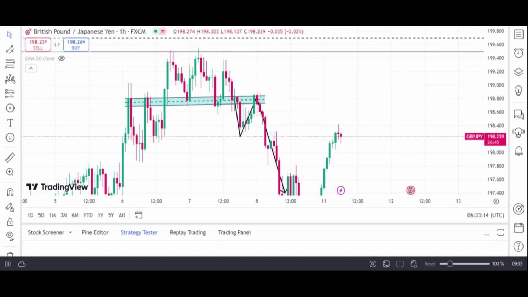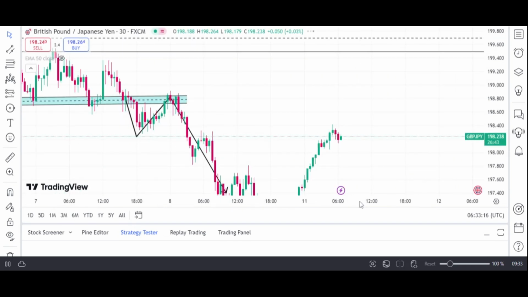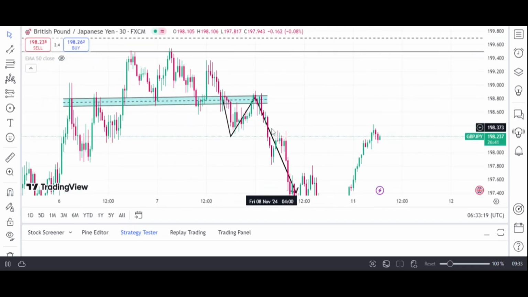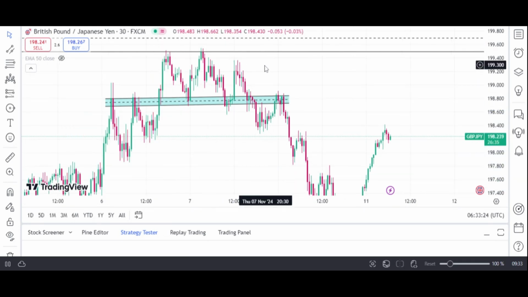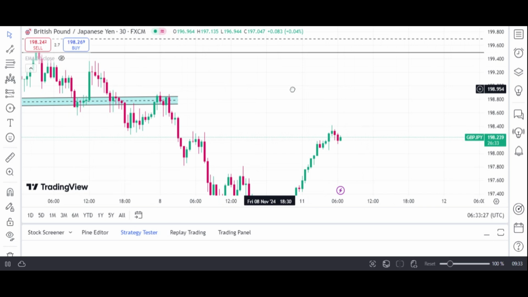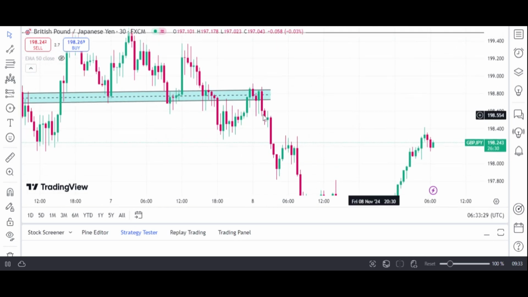So let's go to the 30 minutes to see now, can we find a bearish candle, because we already followed all the steps. Now we want to enter this market. Can we find now a red candle indicating it is time for us to enter the market, after the market going up again? Can you see this is a very good example? It is a very simple example to follow.